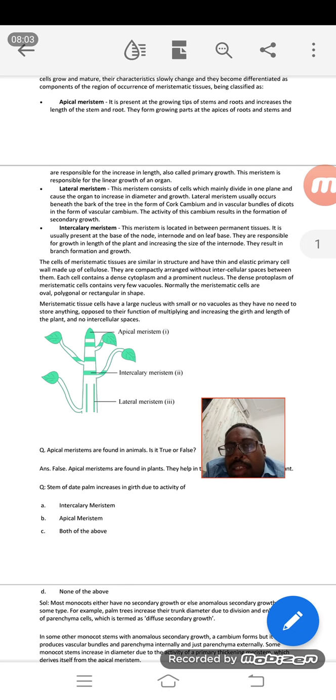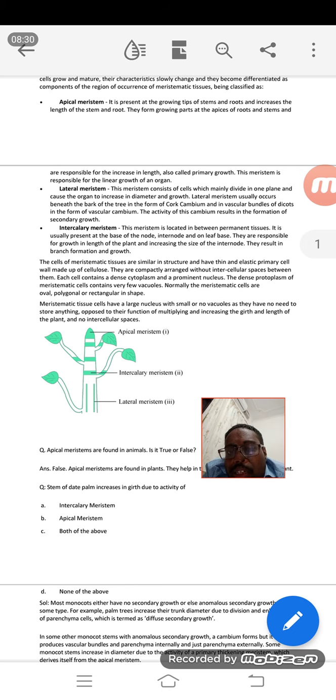If we look at this meristematic tissue, what is its function? What are these meristematic tissues doing? First, the apical meristematic tissue is present in both. If it is present in the tip of a stem, it is known as the stem apical meristematic tissue.